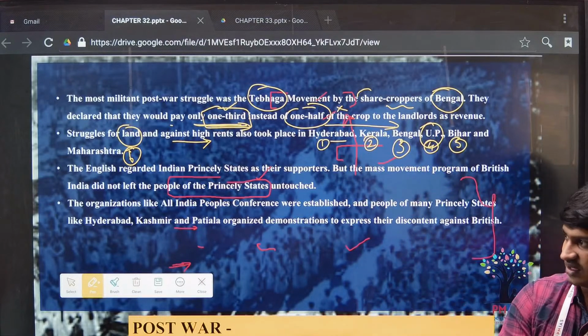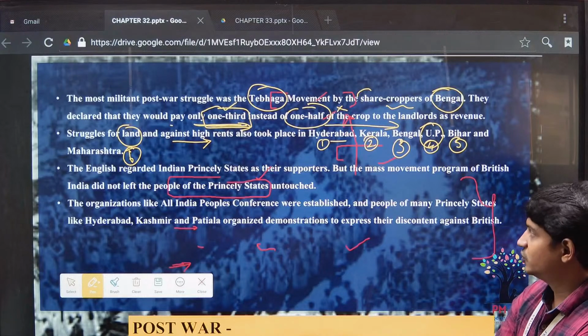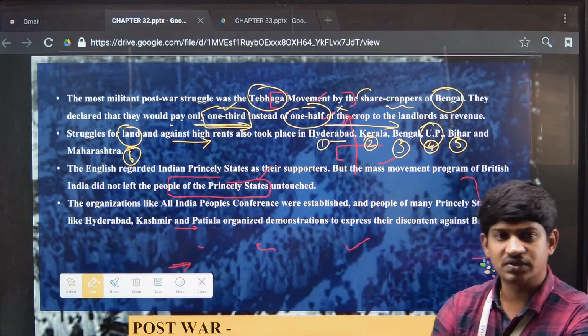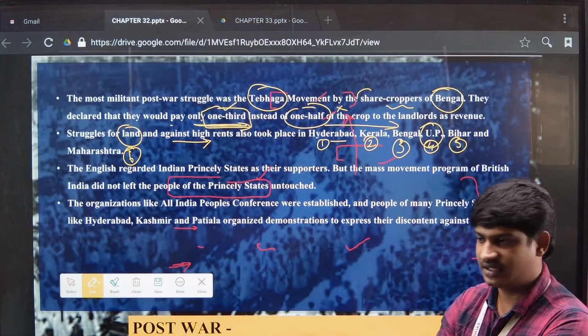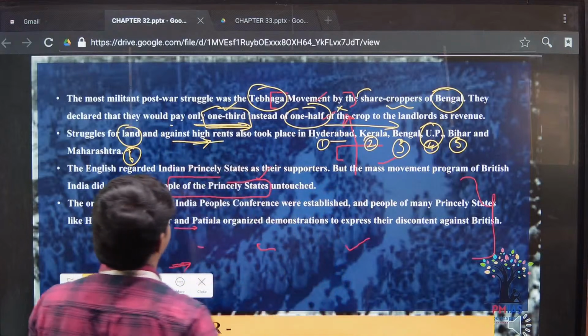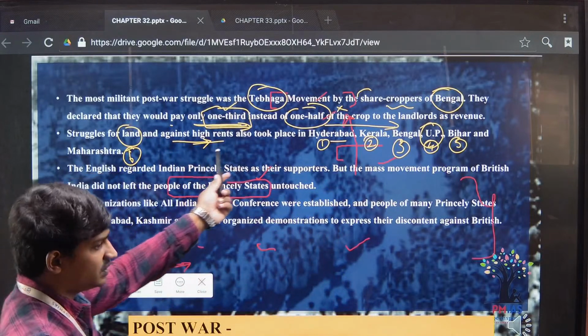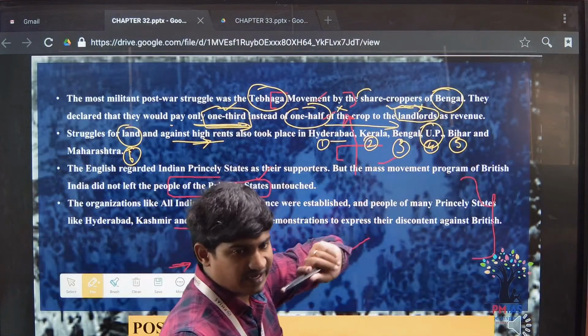Nearly 3/4 of the entire country was covered. So none of the peasants were ready to pay the land rent to the landlords.